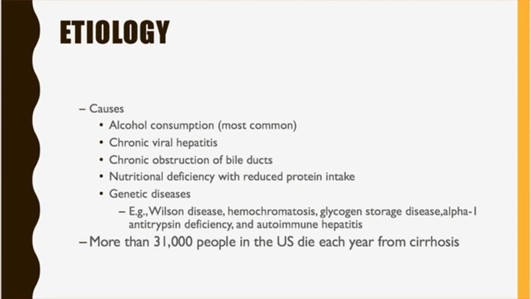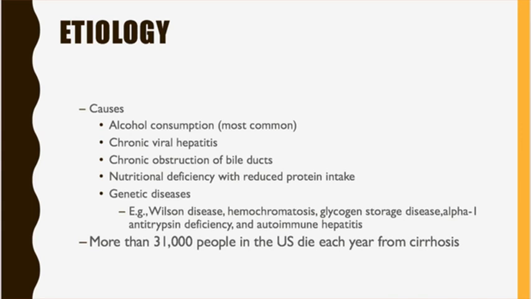That one I had to look up, I had never heard of, and if you were wondering, it's a genetic disease that causes too much copper to accumulate in your organs, with your liver being one of those organs. And then there's hemochromatosis, which is having too much iron. And there's different storage diseases, autoimmune hepatitis, so there are a lot of different genetic diseases that can contribute.